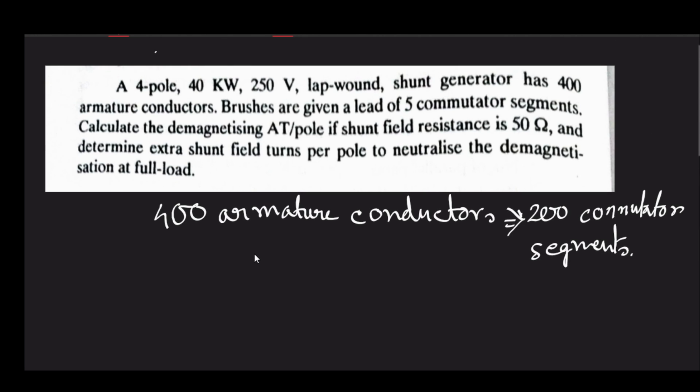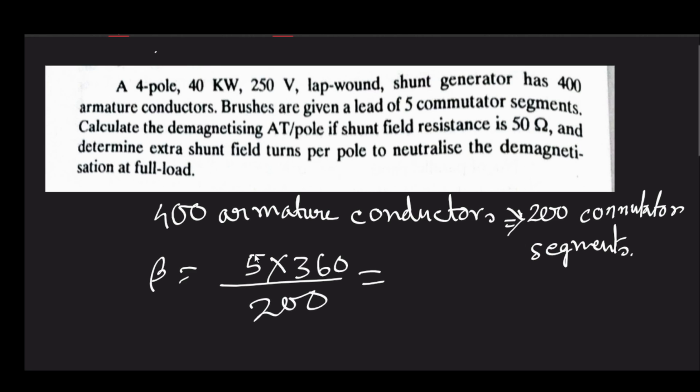So 200 commutator segments, therefore what is the brush shift angle? Beta is equal to 5 into 360 by 200, that is 9 degree. So what is full load current?